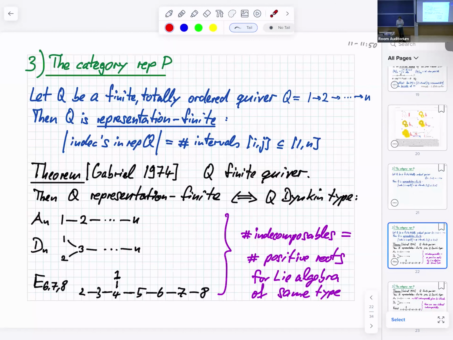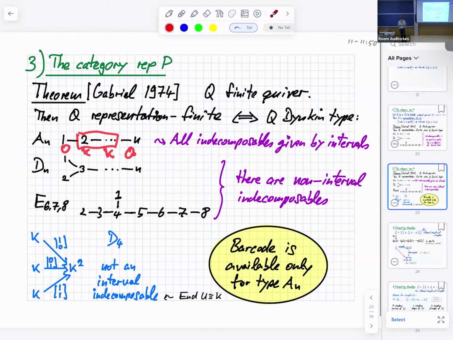Not only when the orientation is like what we had before, the poset, but also for any possible orientation that you can choose, the indecomposables are always given by specifying an interval. I give myself k everywhere here and 0 everywhere outside. This is an indecomposable module, and they are all given in this form.